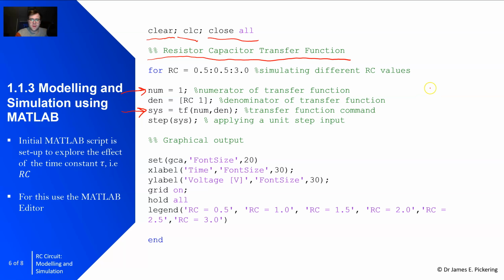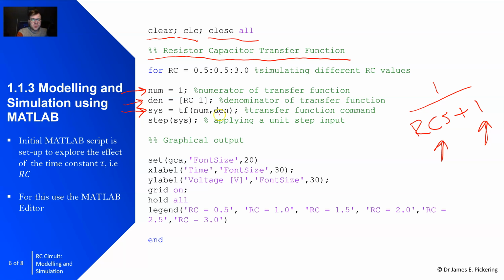Because if you remember back to the original equation, it was simply given by this. So MATLAB sees numerator 1, nice and easy. The denominator is RC, 1, and because we've got two coefficients there, MATLAB will know it's a first order denominator.